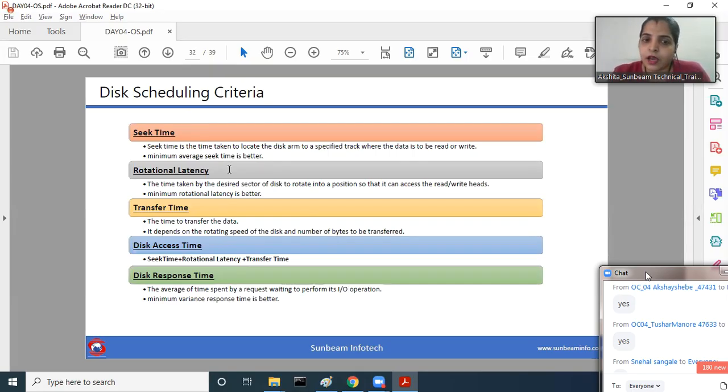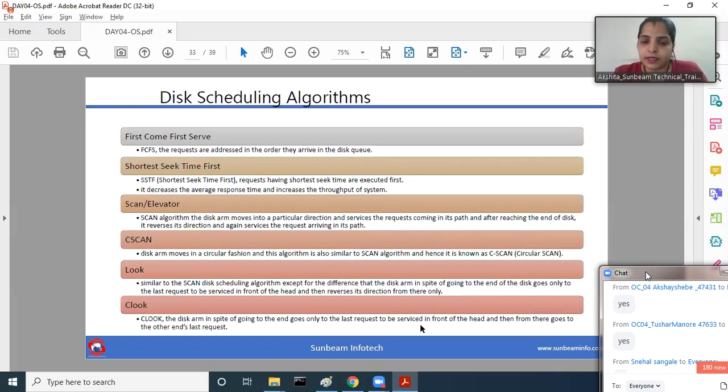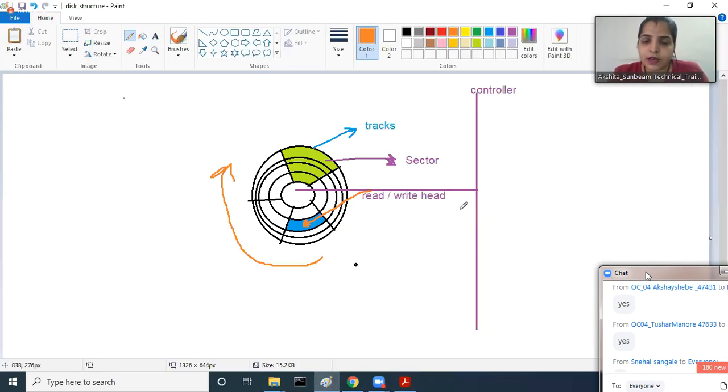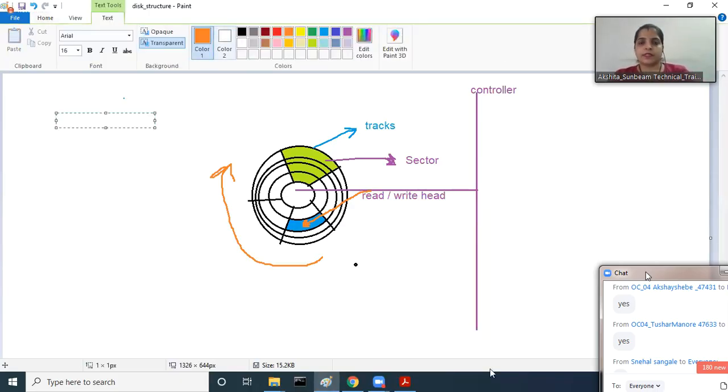Now, अब क्वेश्चन ये आता है कि suppose I have to perform operations on the following numbers, maybe track numbers or sector numbers.